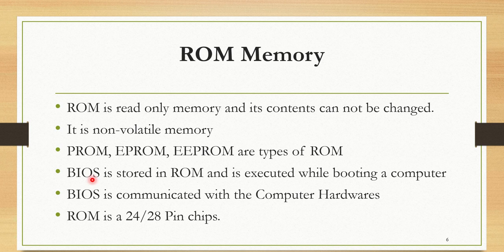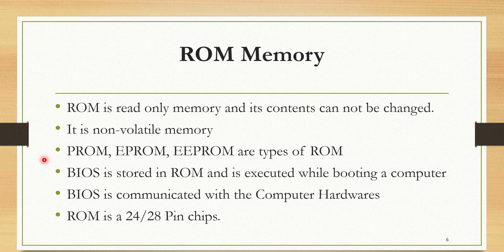BIOS is stored in ROM and is executed while booting a computer. There are some basic programs, so-called firmware, that are supplied with the computer and available in the BIOS. For example, when you switch on your computer, it checks all the components available on the motherboard and checks whether everything is okay or not.